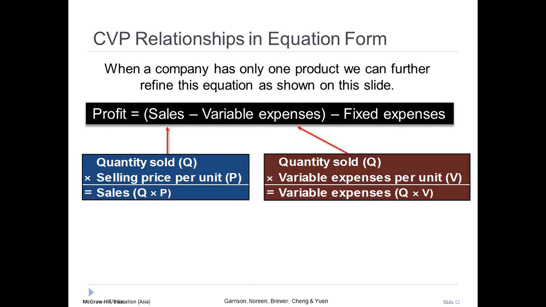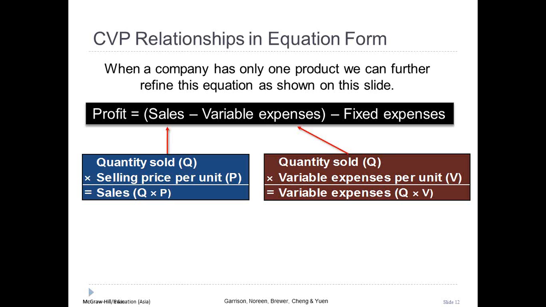Now, let's look at it in a different way. If the company sells a single product, in this example, the racing bicycle company, we can express the sales and variable expenses in the blue and brown boxes.